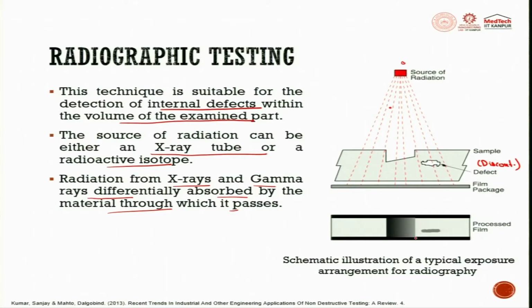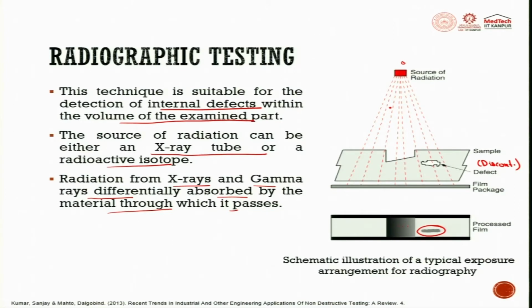So, this is how it is tested. So, this is a processed film. It is showing that the signals are different because the distance is different, but there is a discontinuity here. So, this is how it determines the flaw in the test piece under inspection.